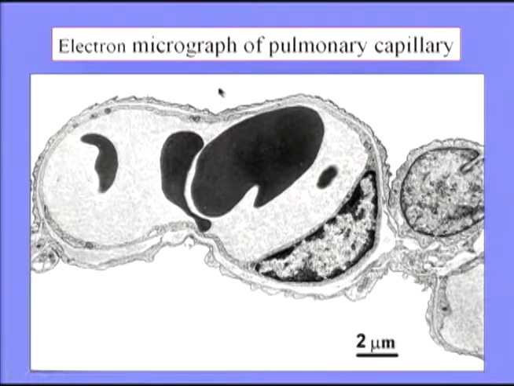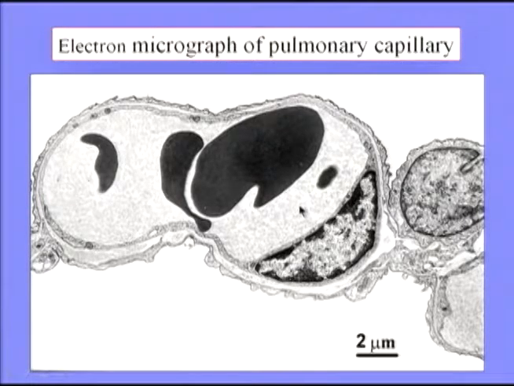We've got alveolar gas here, of course, and alveolar gas here, and this is the lumen of the capillary here. And then the innermost layer is made up of a capillary endothelial cell, and here we have the nucleus here, and the cytoplasm going out along here.